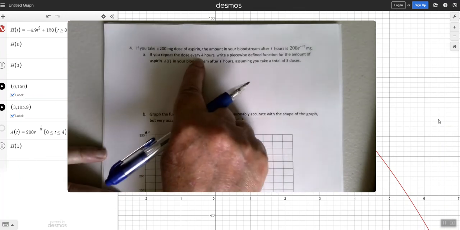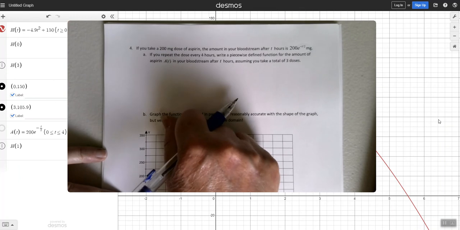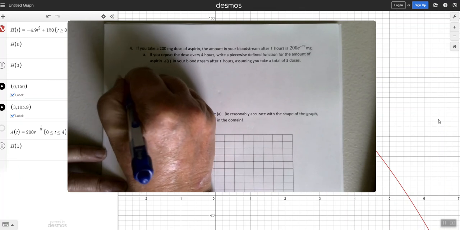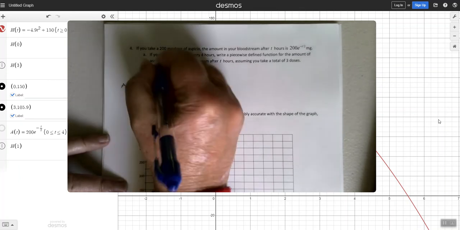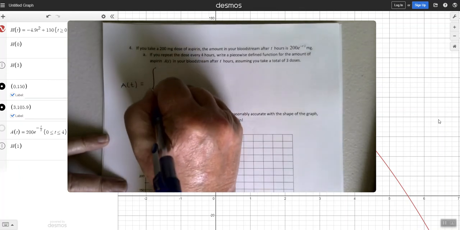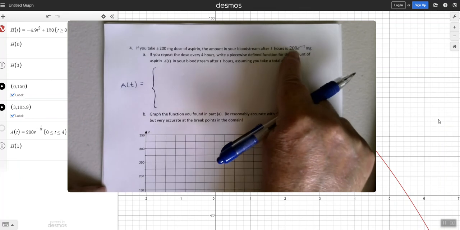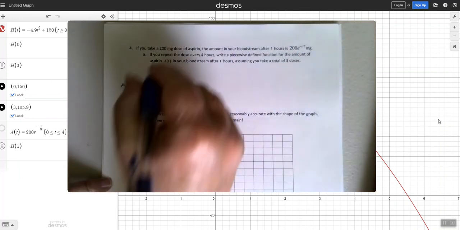We're going to say we repeat the dose every 4 hours and try to write a piecewise defined function for the amount of aspirin, A(t), in your bloodstream after t hours, assuming that you take a total of 3 doses. So I'm going to make a great big piecewise function here because I'm going to need 3 pieces, 1 for each dose. And the first piece is pretty simple. It's just 200e^(-t/2).